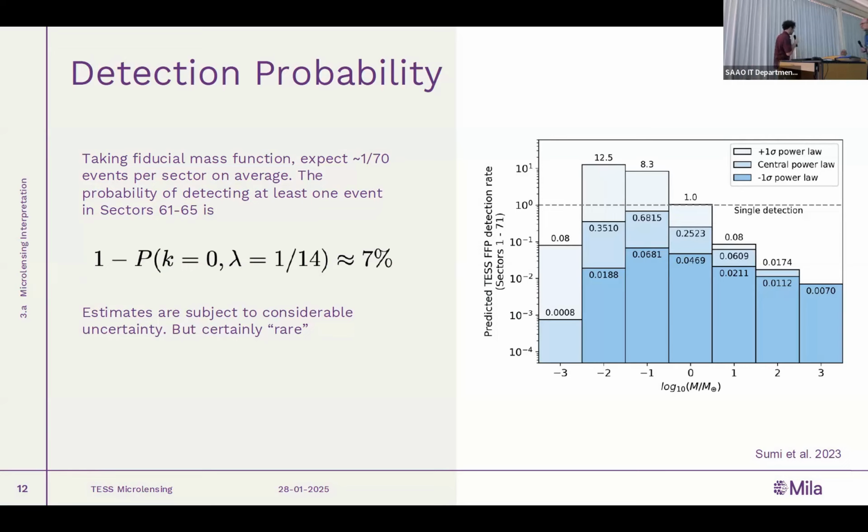So the combination of that population model for the free floating planets and TESS's particular cadence, observation duration, and where the sources are located, the optical depth, et cetera, that can all now be directly calculated. So this 5% number does not come simply from taking the average number of events over the entire catalog.